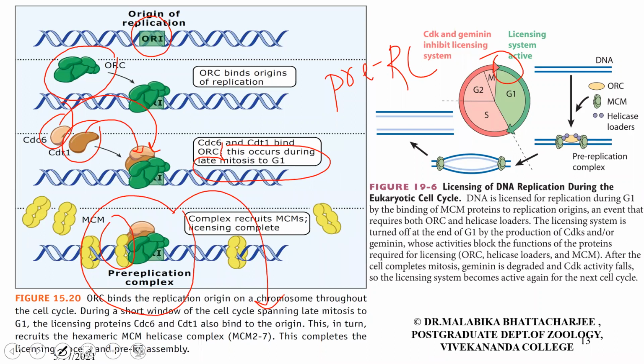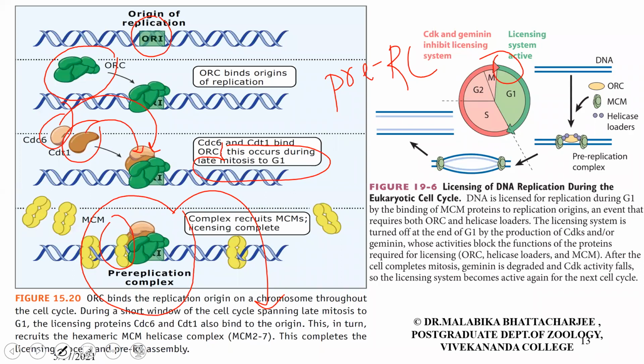So in other words, CDT1 and CDC6, these two proteins are known as licensing proteins. They give license to the DNA and tell them when to replicate and when not to replicate. As long as they are bound to the origin with the ORC, they prevent DNA from initiating replication.